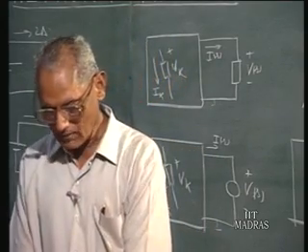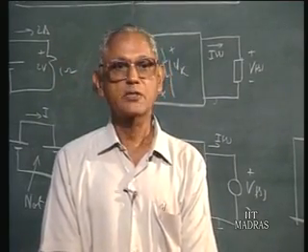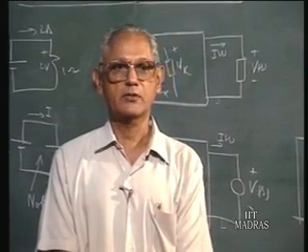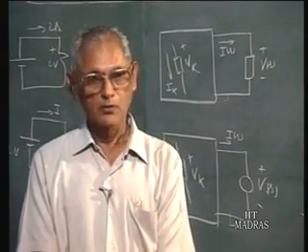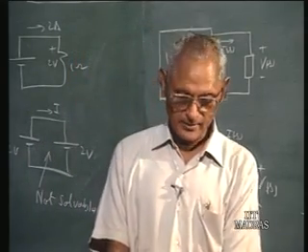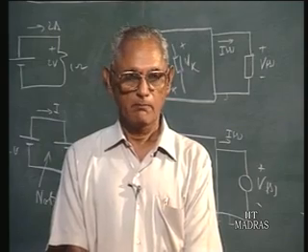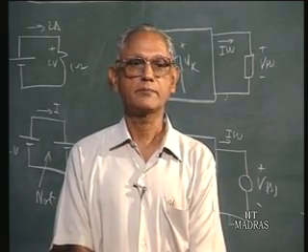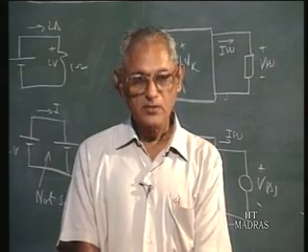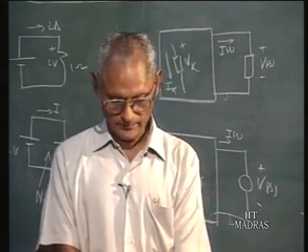And we talked about the superposition theorem, in which we said the response of a particular element situated in a linear network, when it is acted upon by several independent sources, can be obtained by finding out the response in that element with each source acting in turn, keeping all the other sources deactivated, and superposing the individual responses to get the total response.